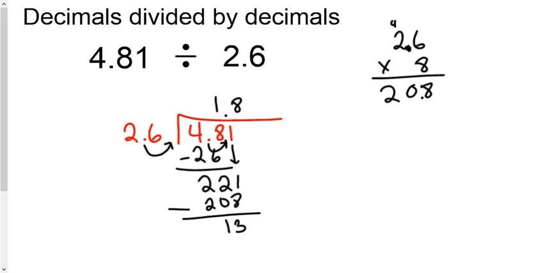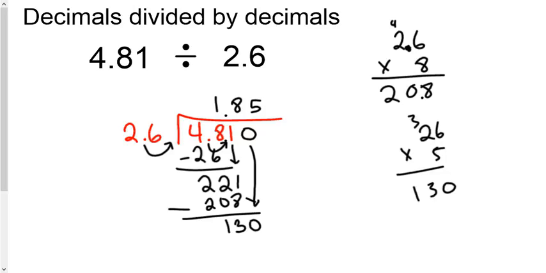And this will be 13 left over, and now we need to add a 0 and bring this on down. How many times does 26 go into 30? It goes in 5 times. Just to prove it, let's show it to you. So nothing left over, and that's our answer, 1.85.